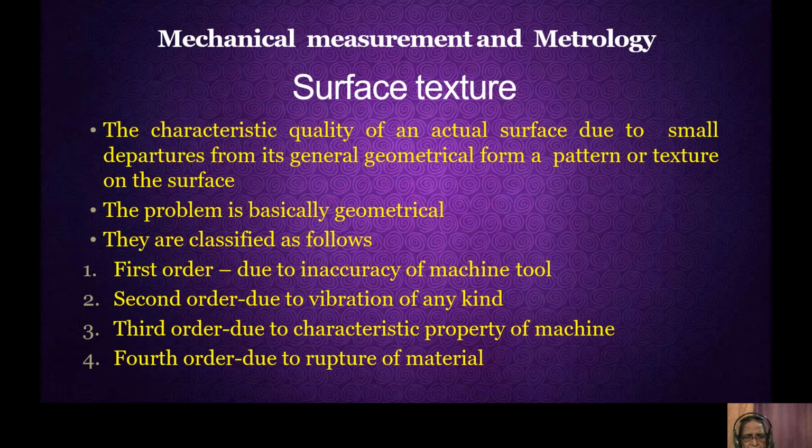The third one is the characteristic properties of the machine. What are the machine characteristics? A plane surface can be made with different machines.